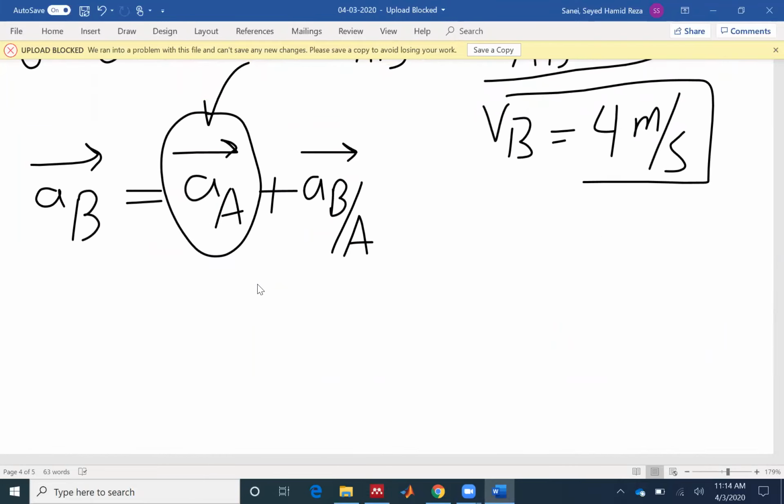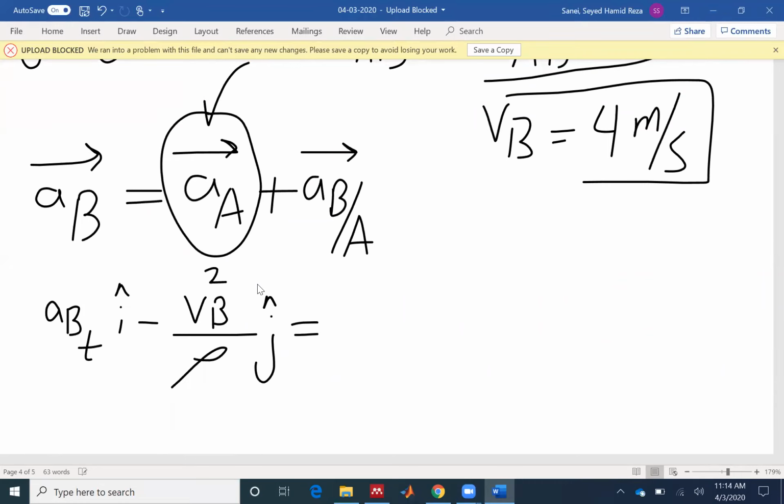So for AB, I write AB tangential i, negative VB squared over rho j, which is towards negative j. For A, I know the acceleration at A is 6i, plus AB with respect to A. So here, I have two components as well.